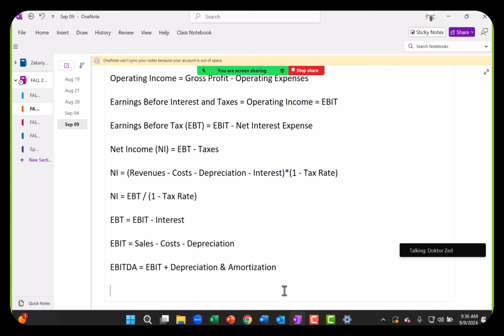Now, another identity we're going to use a lot. When you make a certain amount of money, net income, there are 2 things that you're going to use that for.